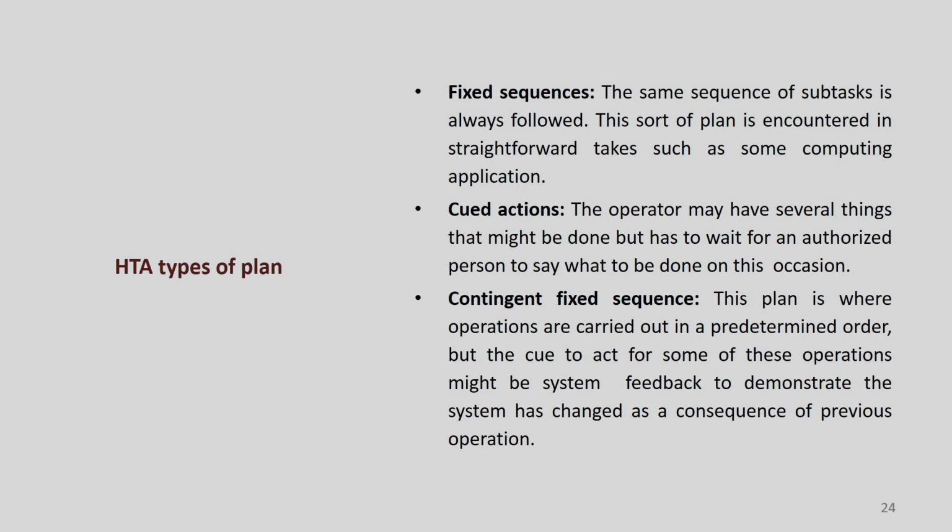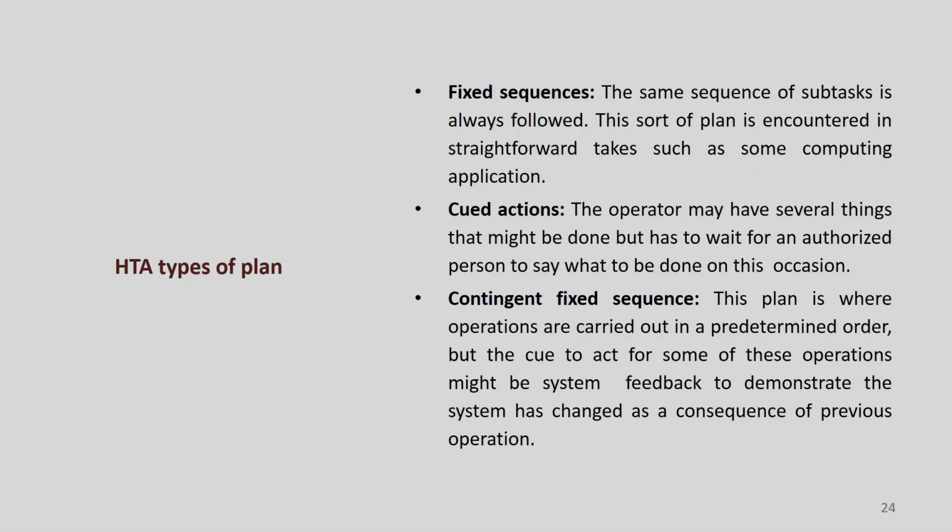Now, I will explain what types are available for hierarchical task analysis plans. The first is called fixed sequence. It says the same sequence of subtasks is always followed. This sort of plan is encountered in straightforward tasks such as some computing applications. Second is queued action. Queued action, by nomenclature, means some waiting: some action is to be performed based on some other input.